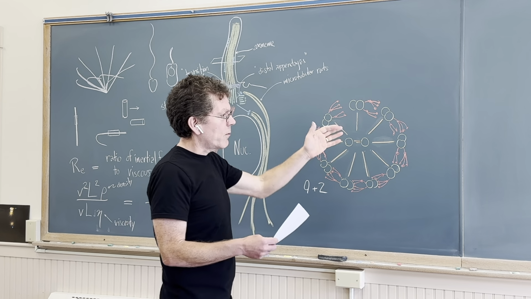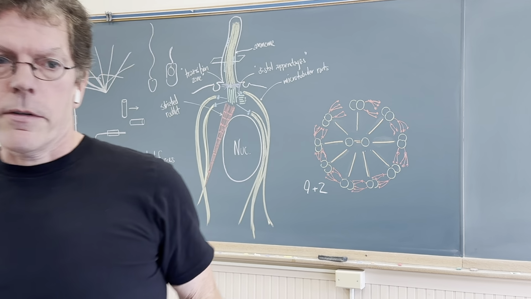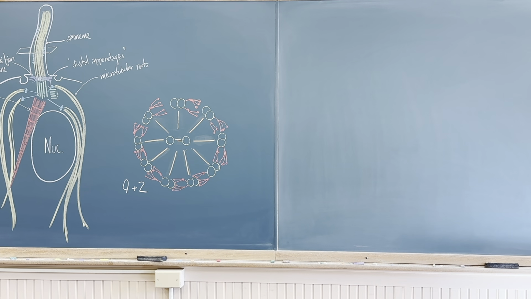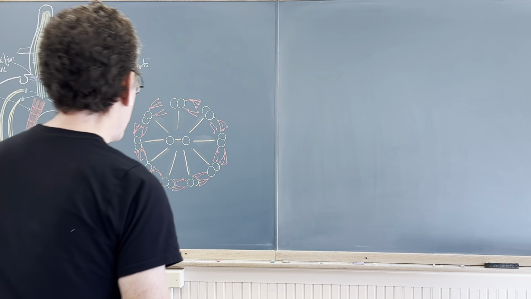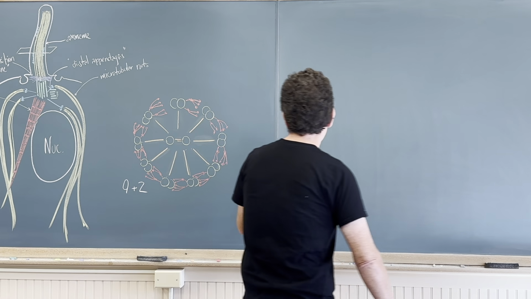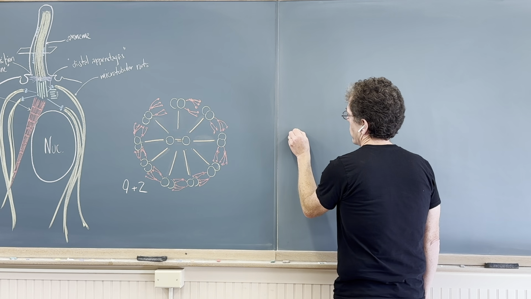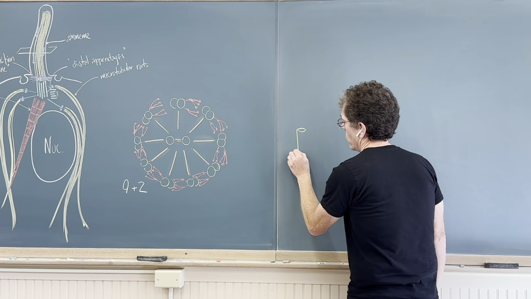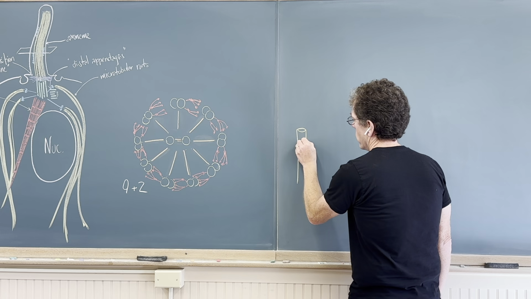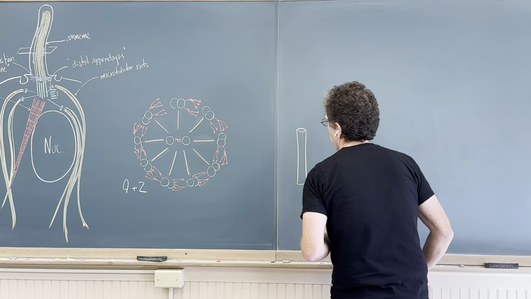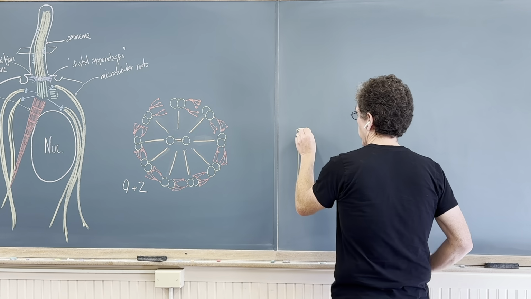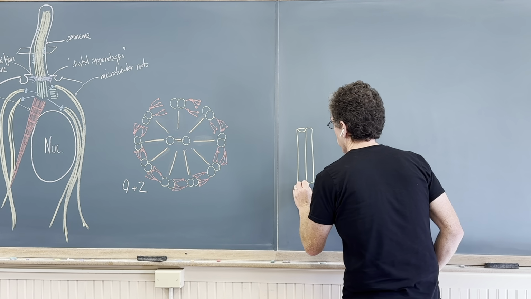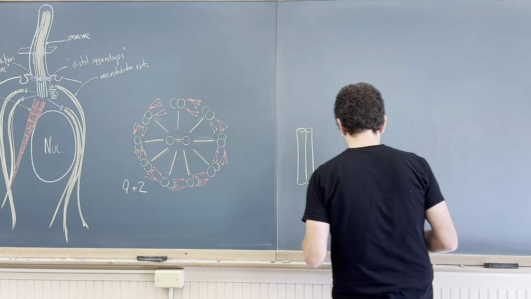So I'm going to swing the camera over here and we'll explain the sliding filament mechanism of ciliary motility. Now I'm going to take just a pair of these doublets out. So I need one with a complete wall and one incomplete. Like that.